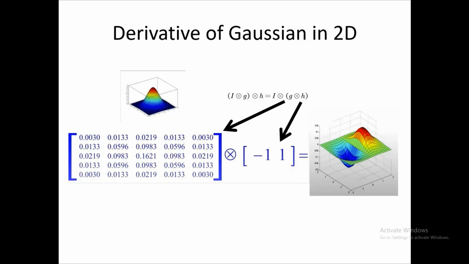So when doing the same trick of taking the derivative of our filter, the direction in which we take the derivative of Gaussian is what determines the derivative of Gaussian.